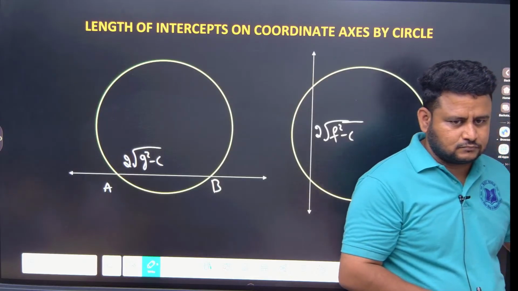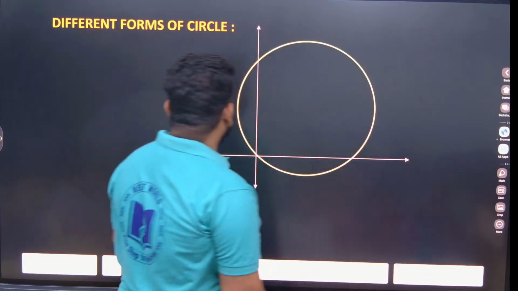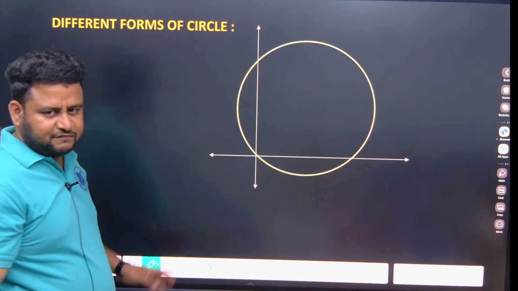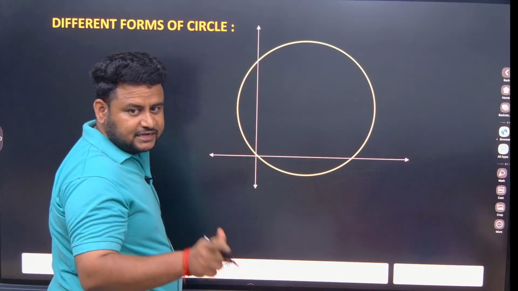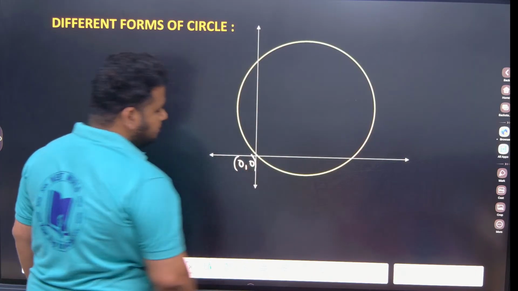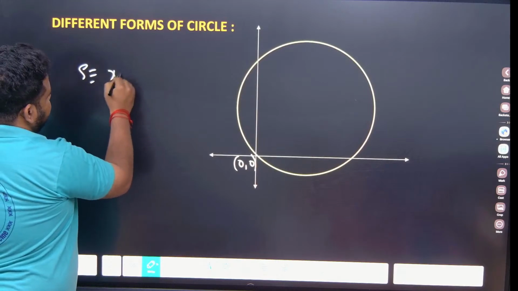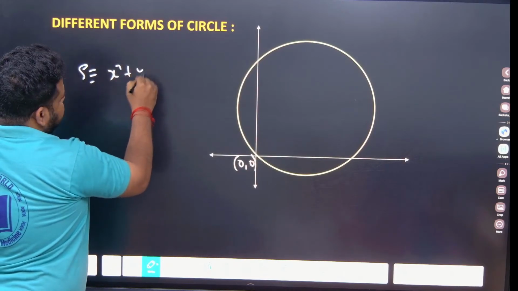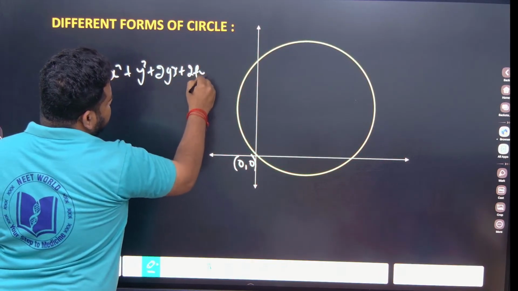Done. Next thing is, now different forms of the circle. First thing is, if it passes through the origin. Now center is not at the origin, I am telling circle is passing through the origin. If the circle is passing through the origin, the equation of the circle will become x square plus y square plus 2gx plus 2fy is equal to 0.